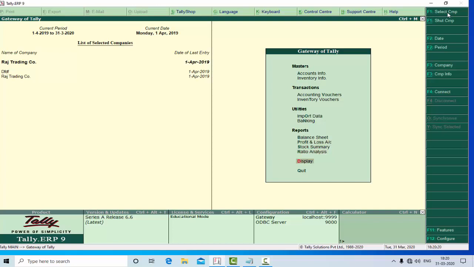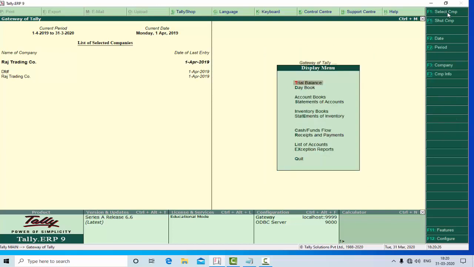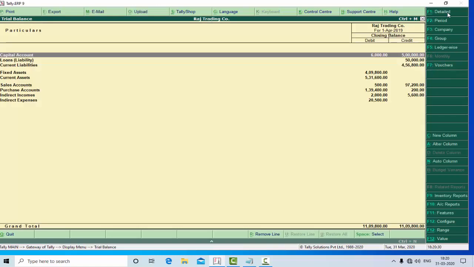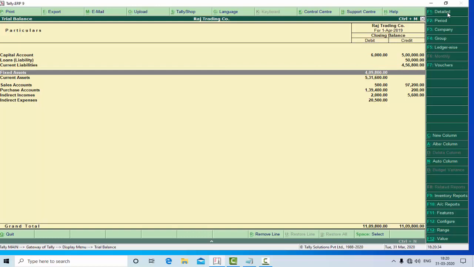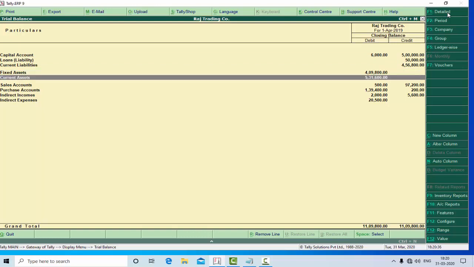Then after that we will go to the display option, where you can see all the detail of your transactions. Click here on display option. You can see the trial balance of all your groups: capital group, loan group, current liability, fixed assets, current assets, all the group closing balance.